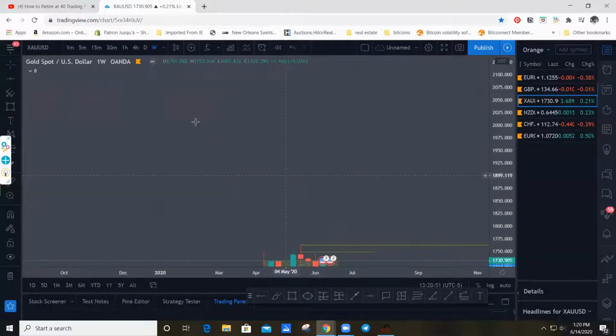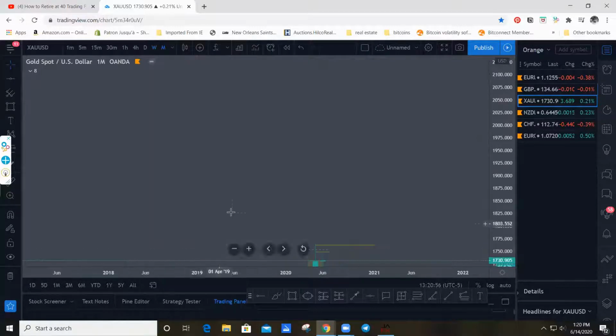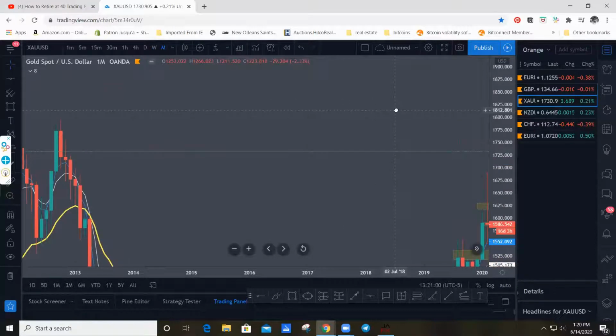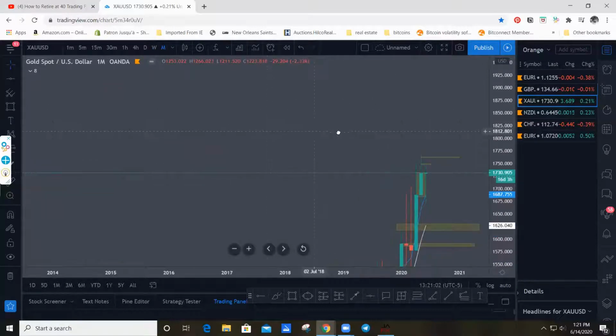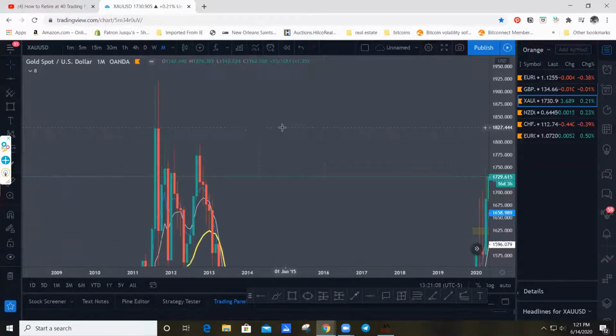But my question would be, what would be the next zone? Well, it'll have to break that based on what it's doing on a weekly. See, price hit that area right here, and that's a strong resistance right here. And this is gold. So gold hasn't been this high since 2012.